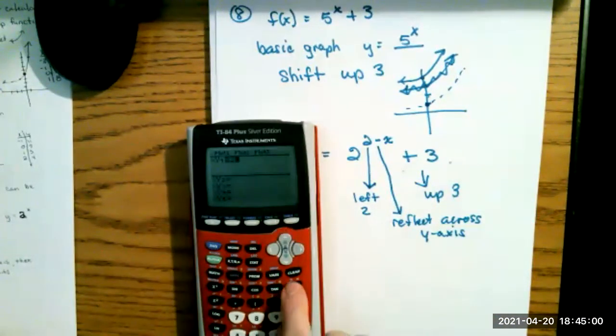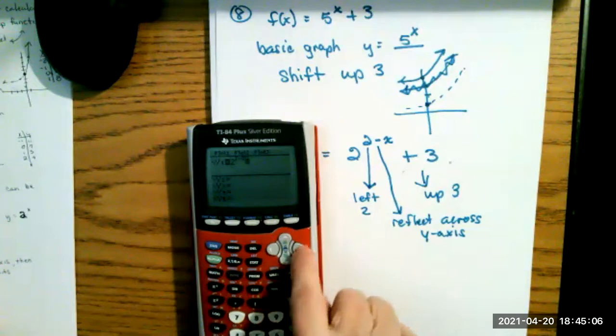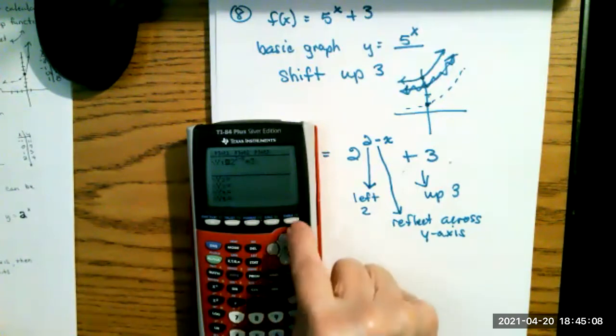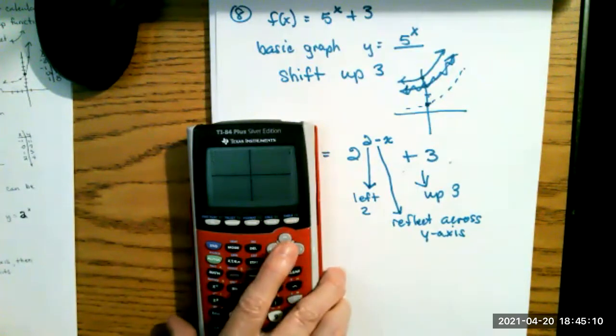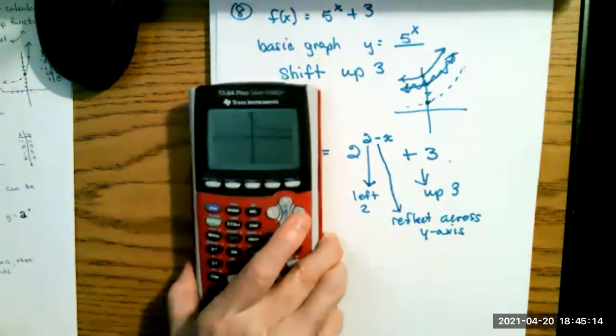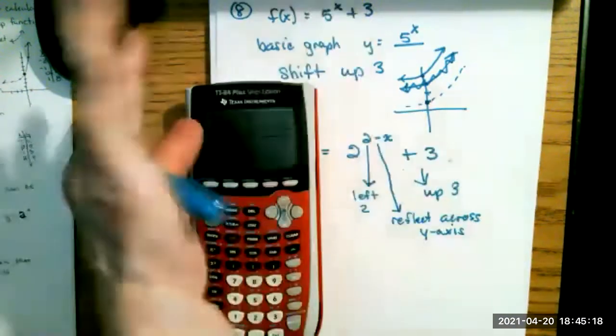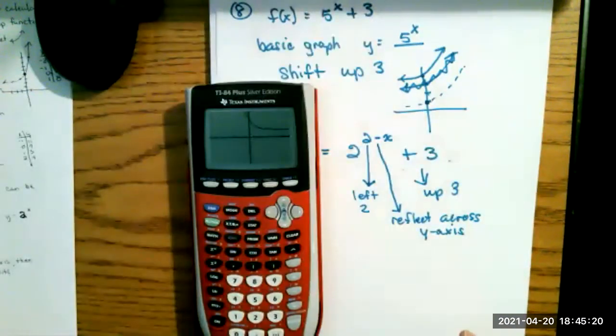Has anyone done this assignment to remember? I think you have to actually plot these in this group. So I put in the 2 minus x and then the +3. And look how it's going. It's going to go from here down because my reflection is across the y, not across the x.